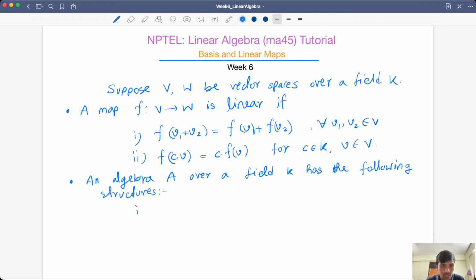First of all, A is a vector space over K, and second, on A there is a multiplication structure defined.